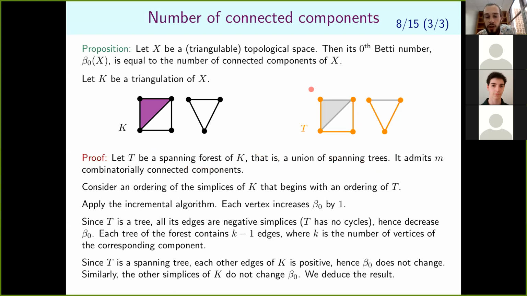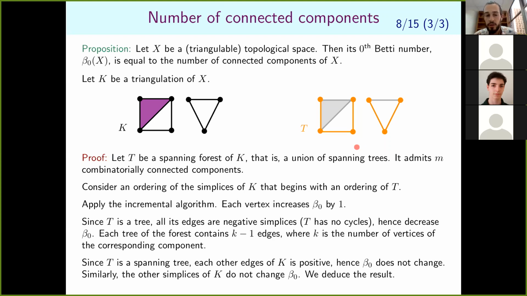So if I have a graph, a simplicial complex, consider its graph, a spanning tree is a subgraph such that it contains all the vertices, it is connected, and it contains no cycle, it contains no loops.